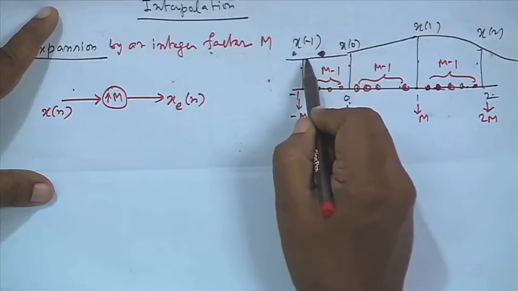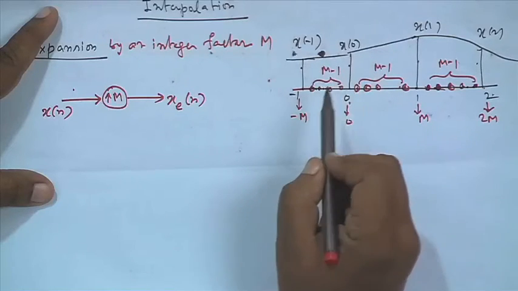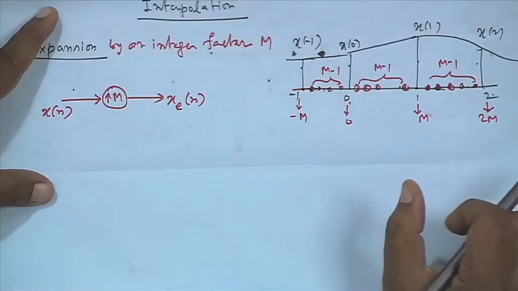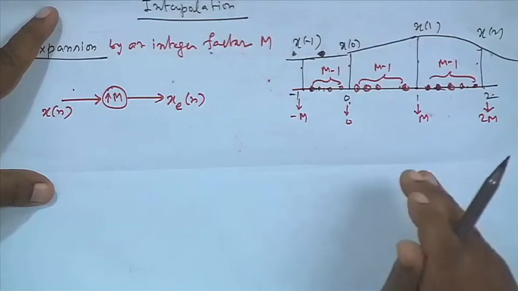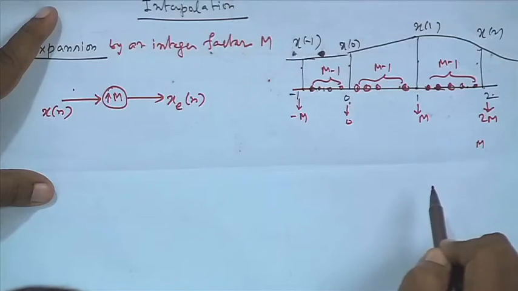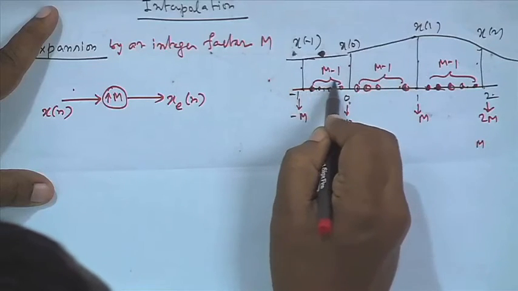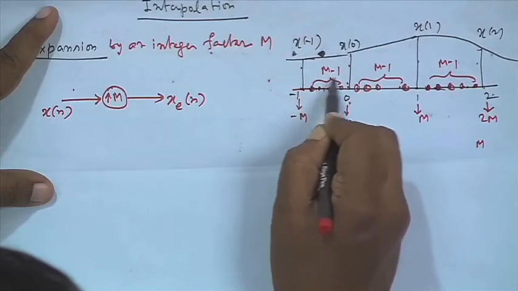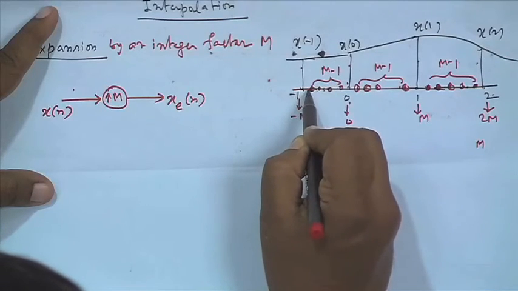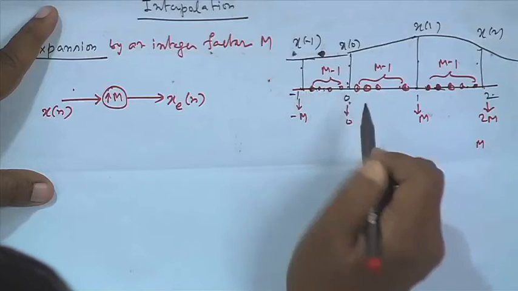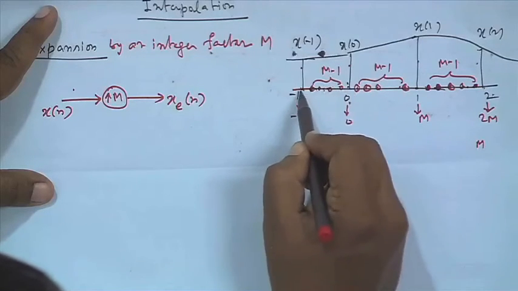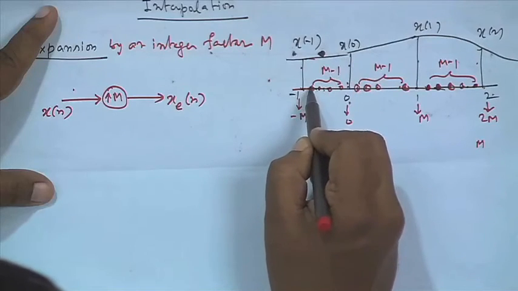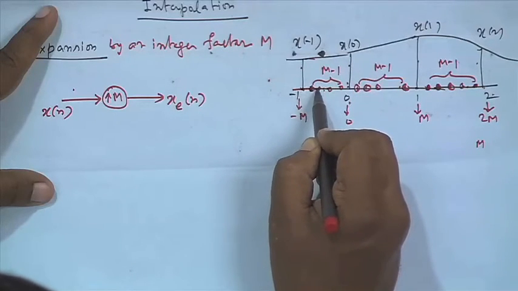So, I do not have the waveform again, but I am creating new sampling points, as though my sampling period has gone down, and sampling frequency has gone up by a factor m. If the previous sampling period was tau, it will be tau by m, because m times that will be tau and the mth sample will be here. That means tau by m, another tau by m, another tau by m.